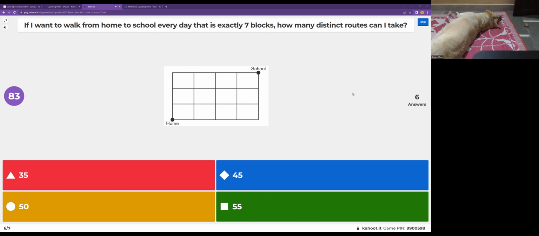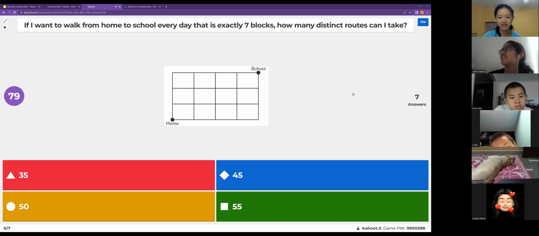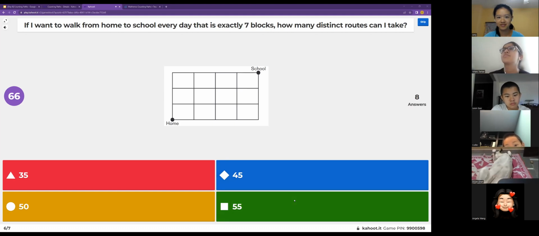We only have one problem left after this, so yay. It means a direct route because, for example, if you're going up and then you go right and then you go down, it won't be 7 blocks.